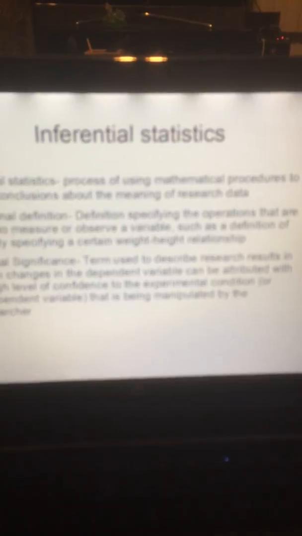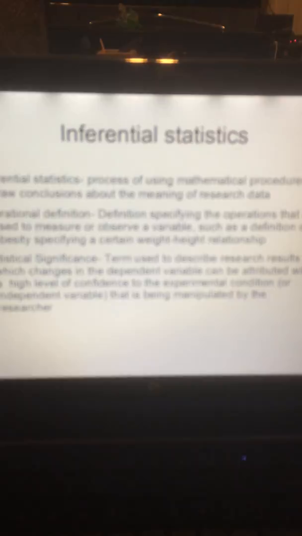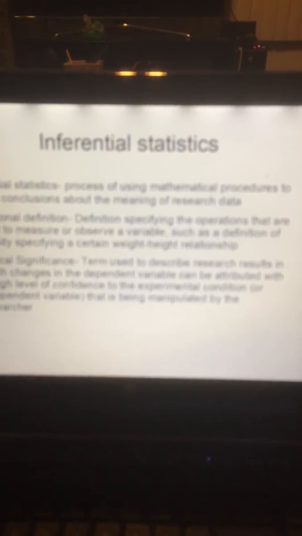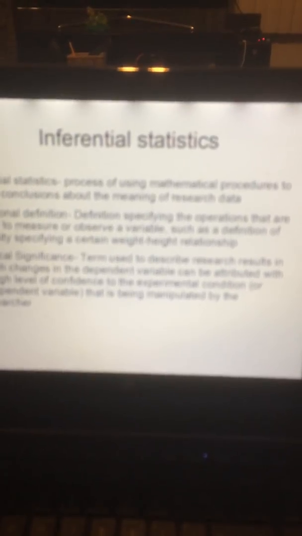So we do a calculation to determine, okay, is this information valid? Is the effect on depression due to the drug? Is it due to the drug or is it due to a fluke? Is it just random, or a completely abnormal oddity that this information happens the way it does?